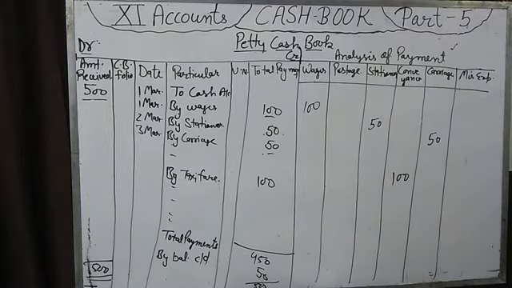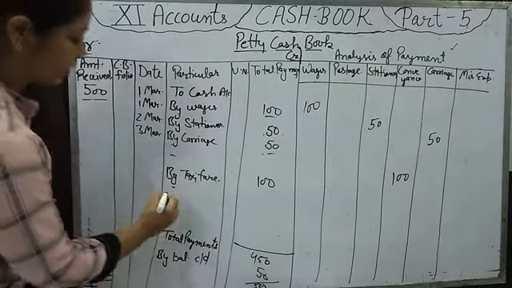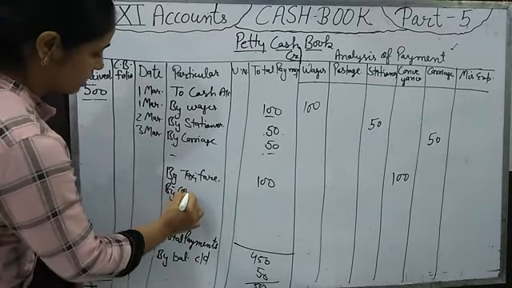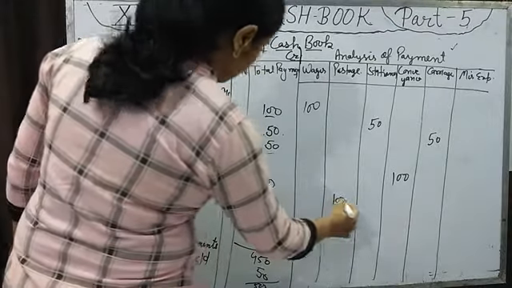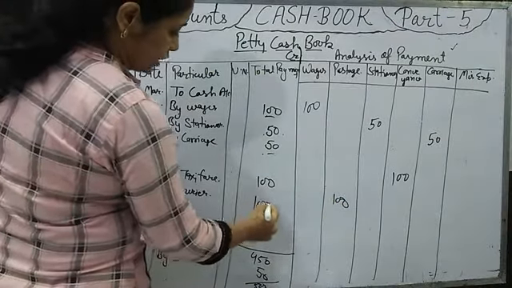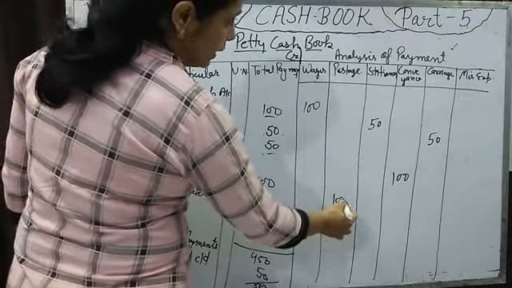We have done any courier. Then for courier services, rupees 100 we have given to the courier. We will write in the total payment column and also in the analysis of payment.